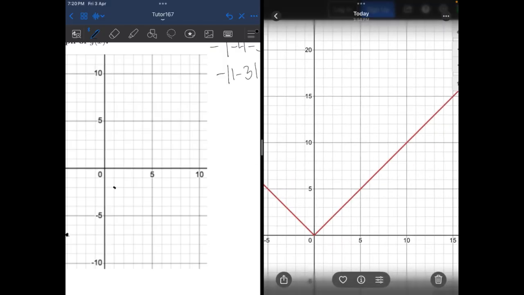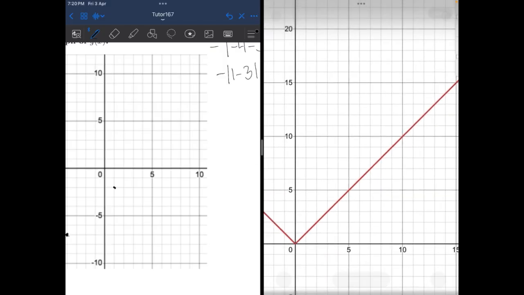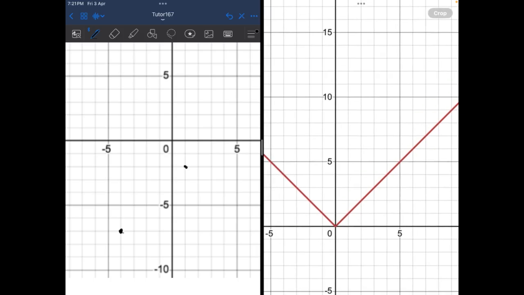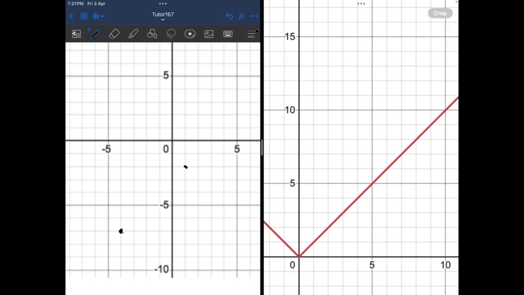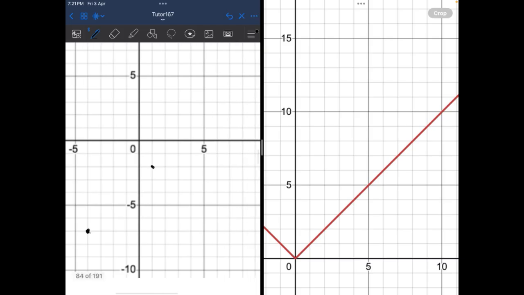I'm showing you this so you can actually see the pattern of it. See, it's touching the corners of the boxes, right? So follow the same technique. It's going to touch the corners of these boxes. So we get here. And that's our absolute value plotted.